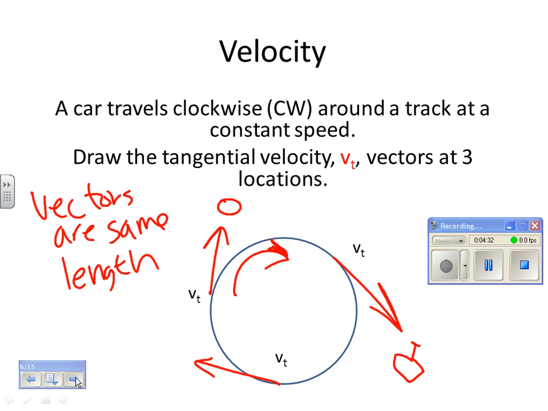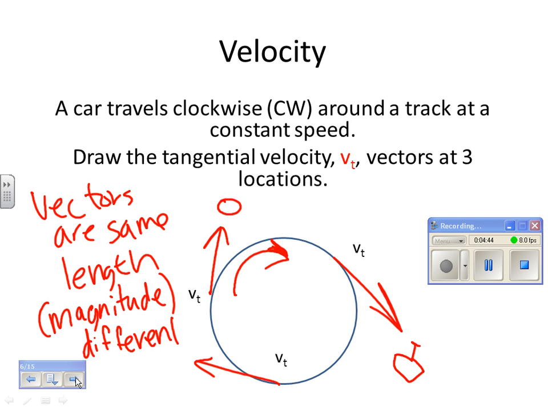Because the length is the same thing as the magnitude. So they have the same magnitude, but they're in different directions. I think that's obvious from the picture, but you better make sure we say it just in case. I think you need to write a word or two down on your piece of paper now too. Once again, they have the same magnitude because they have the same length, but they're all in different directions.